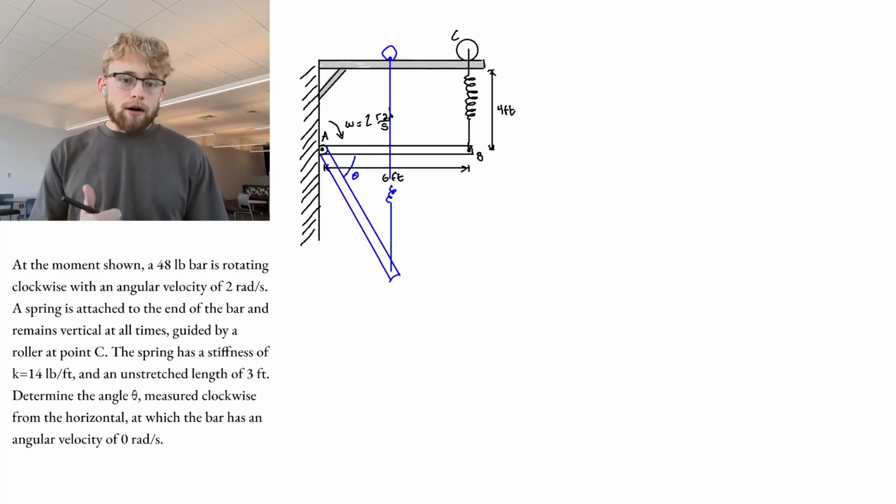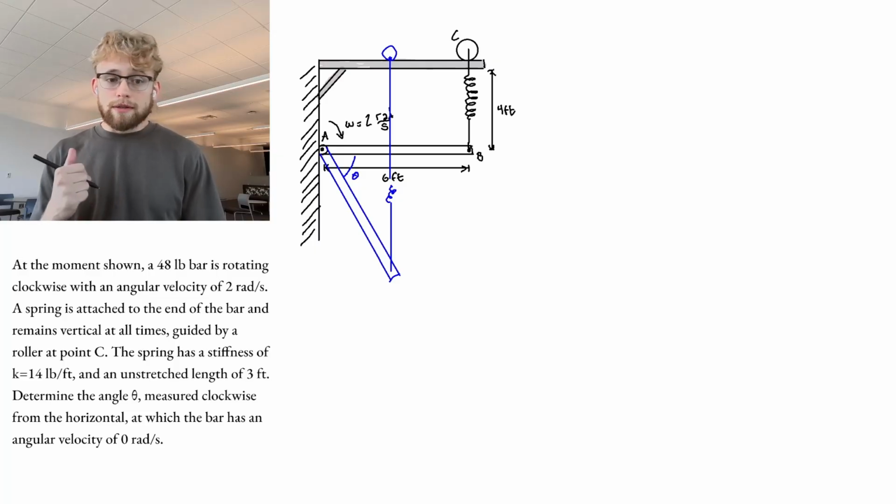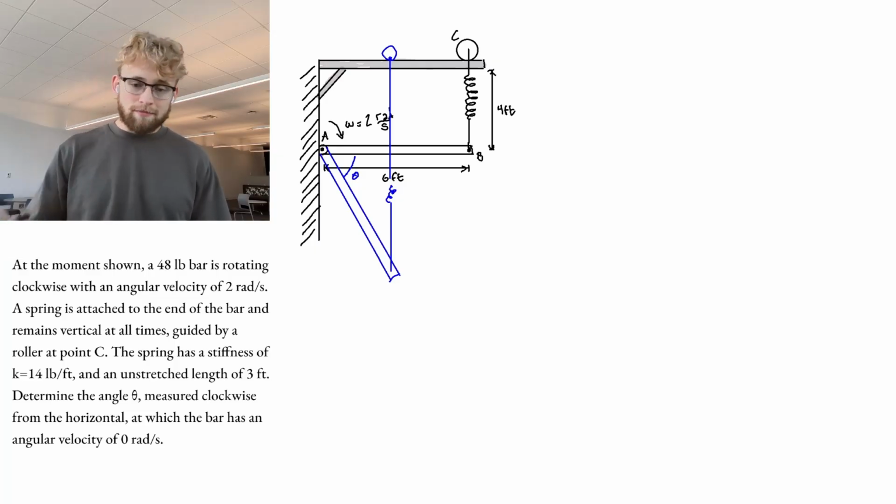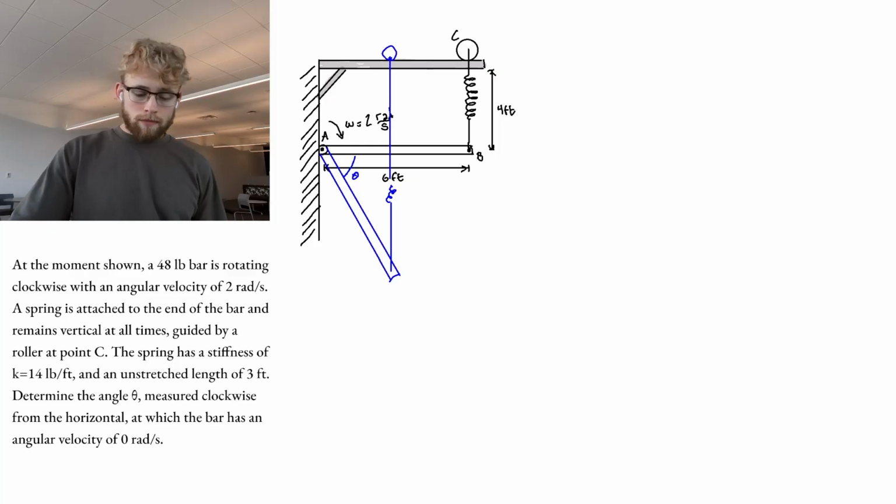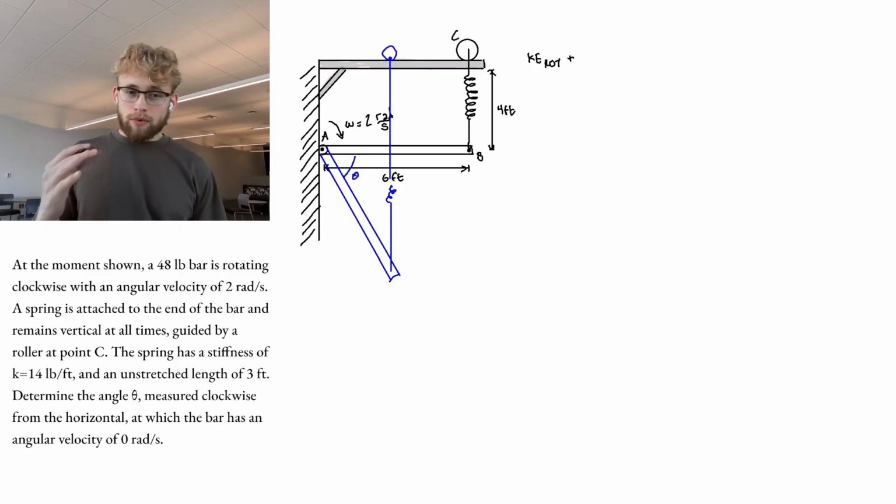Starting energy of the bar is going to be its rotational energy. Let's go ahead and write that. We have KE, rotational energy of the bar, plus the potential energy of the bar.